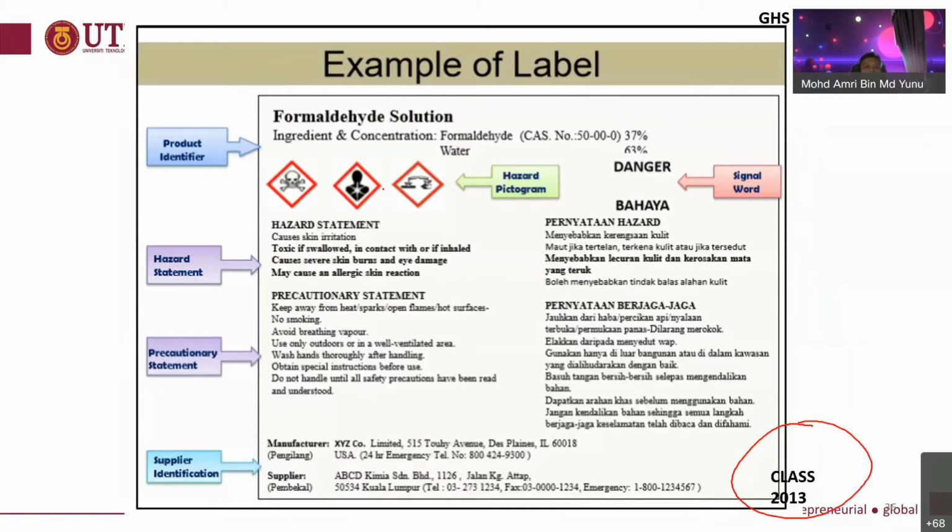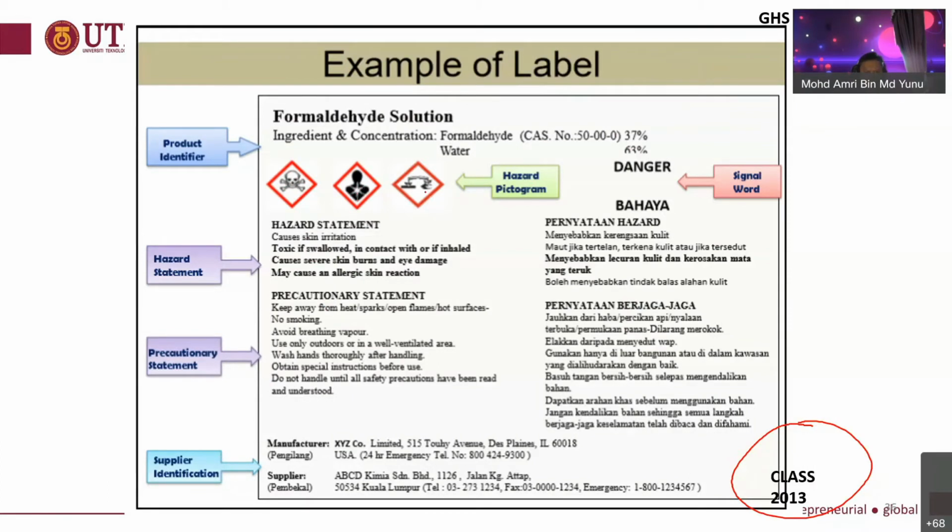Again, there are hazard pictograms, like this is a skull. It means that it is very dangerous. And then I think this one is like causes injury if you inhale.